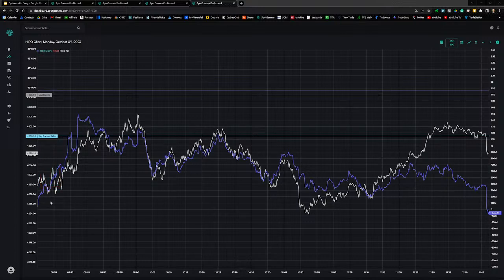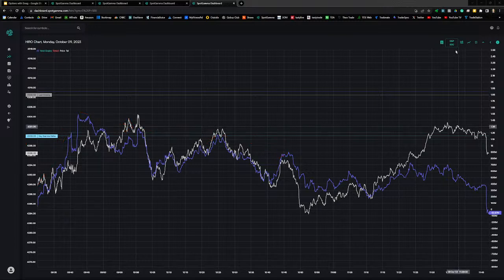Right after the cash open, traders started taking positive delta positions, and as price approached that 4,300 level, shown as the key gamma strike here, it's the absolute gamma strike for an index, options traders started taking negative delta positions. So Hero made a series of lower highs as well as the S&P 500.